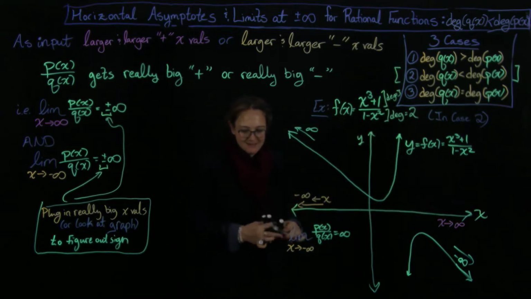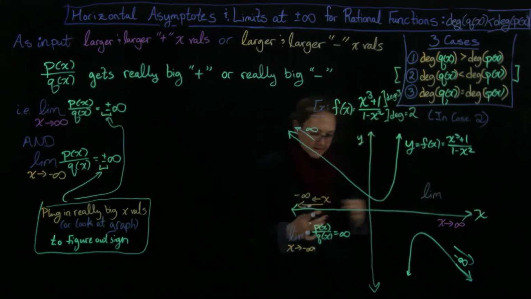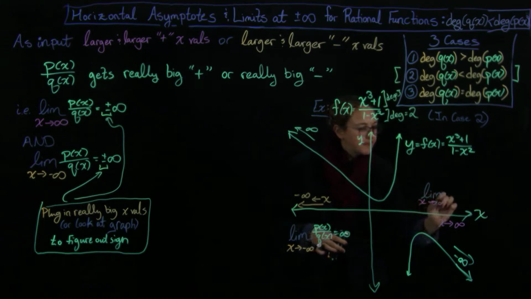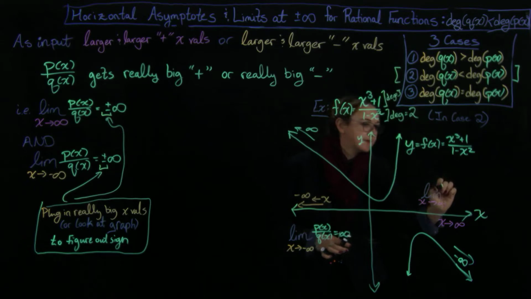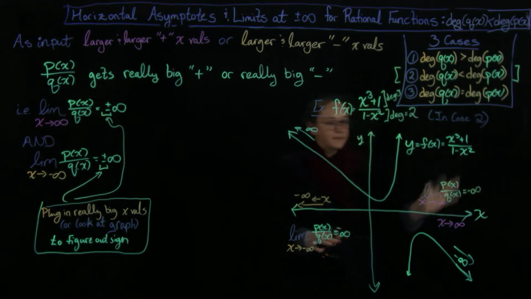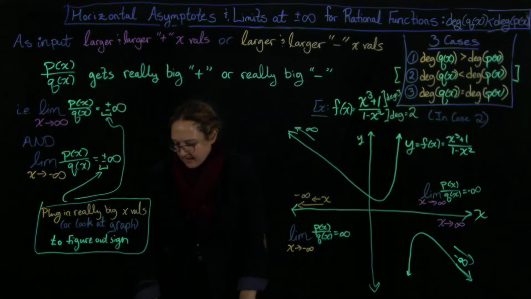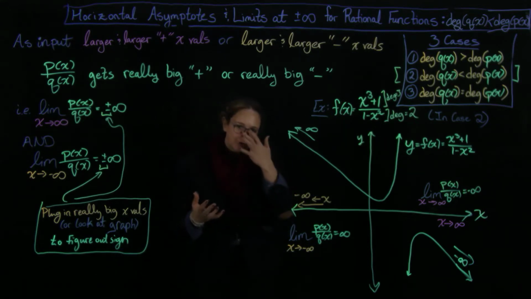So I have the limit as x goes to infinity of p of x over q of x, and I'm seeing it dip down infinitely, so that's going to be minus infinity. I got that because as I went infinitely far right, I went infinitely far down. This is a circumstance where the degree on the top is bigger, so it dominates.